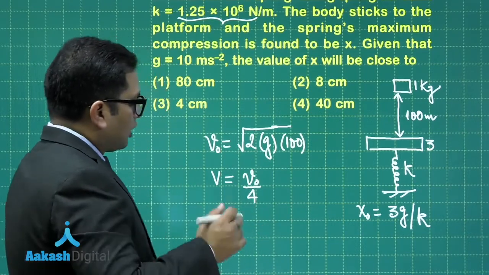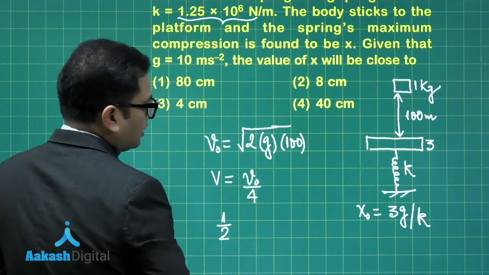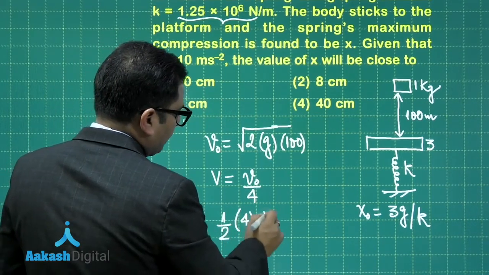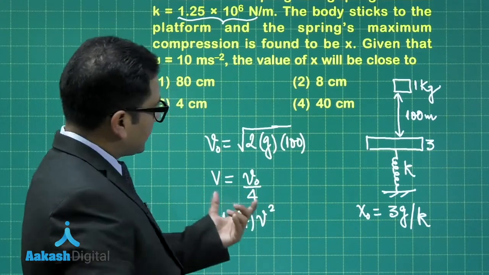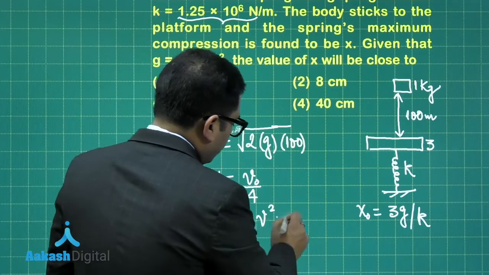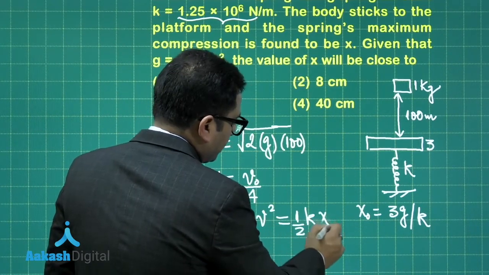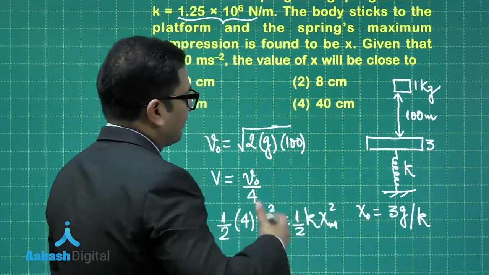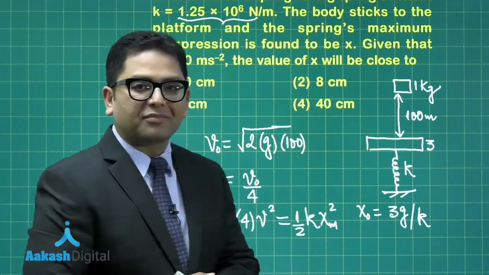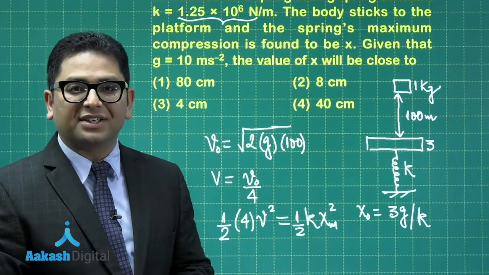So here, once you calculate the speed of the combo just after the collision, what I can write is half, the mass is 4, into V square is the kinetic energy immediately after the collision, and that will completely turn into the elastic potential energy, half k x max square. And when we solve this, the calculation of xm comes out to be 2 centimeter.